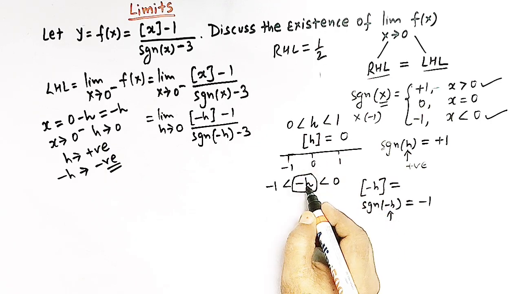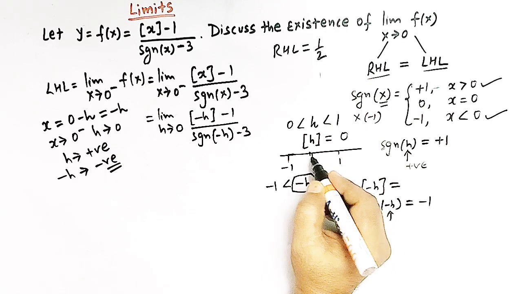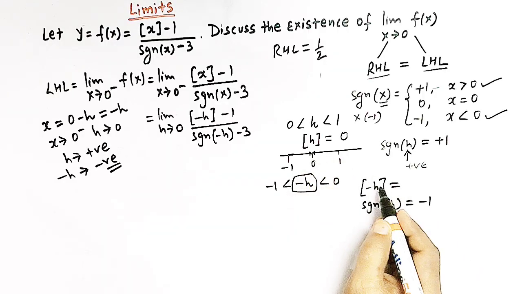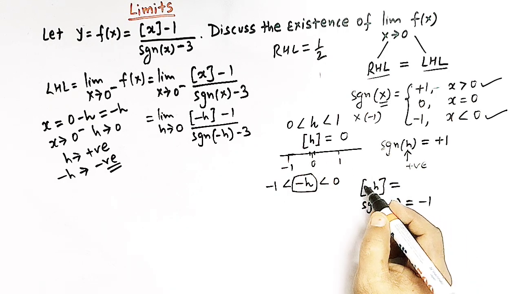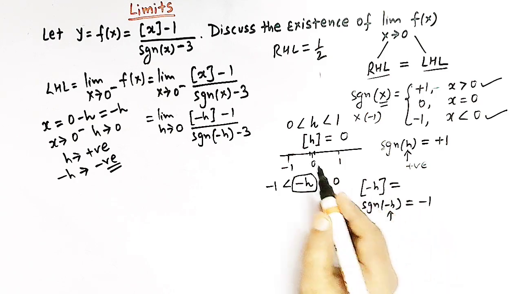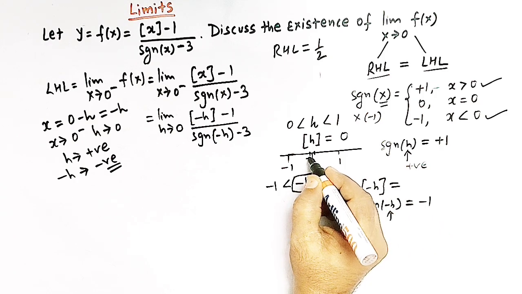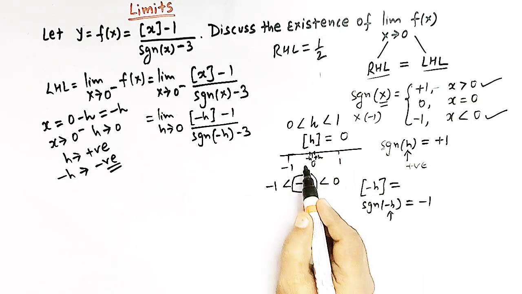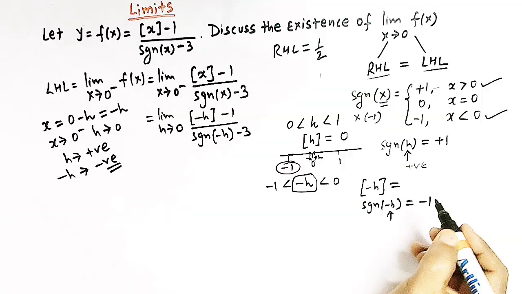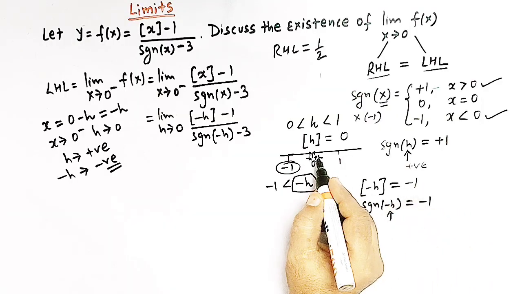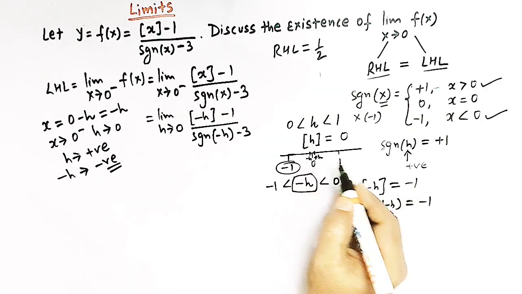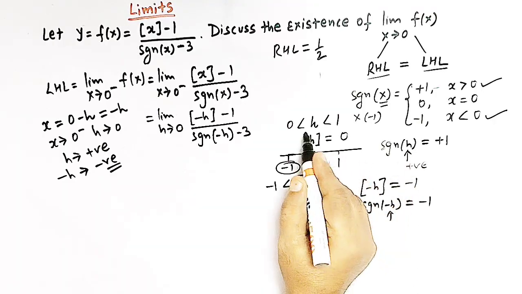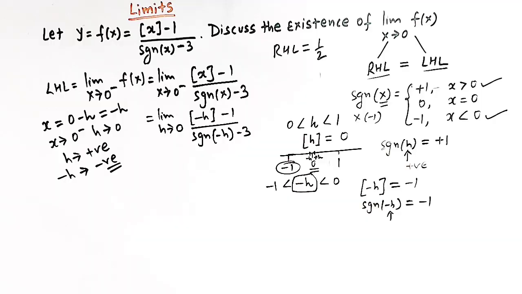So we have minus h somewhere here and a positive h somewhere here. So by definition of greatest integer function, the greatest integer of minus h is equal to minus 1, and the greatest integer of h is equal to 0, right?